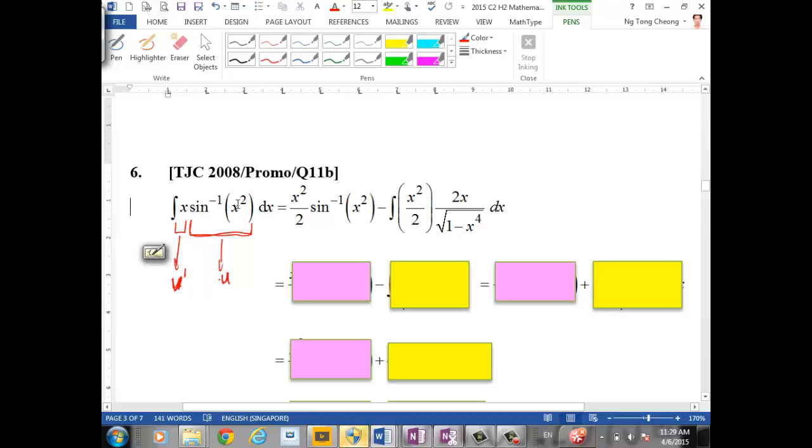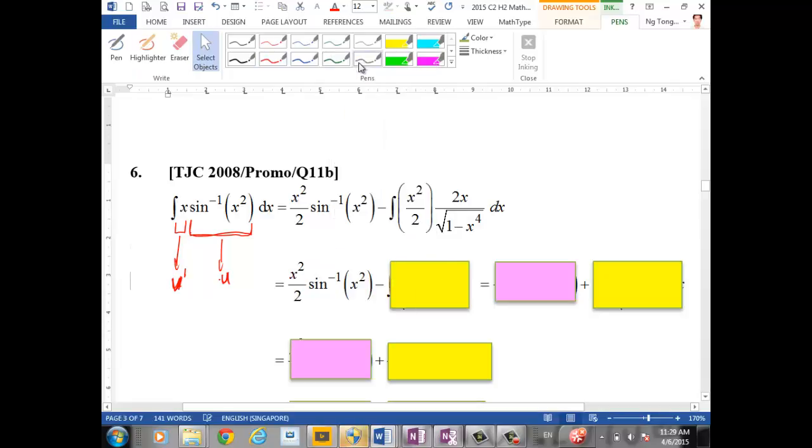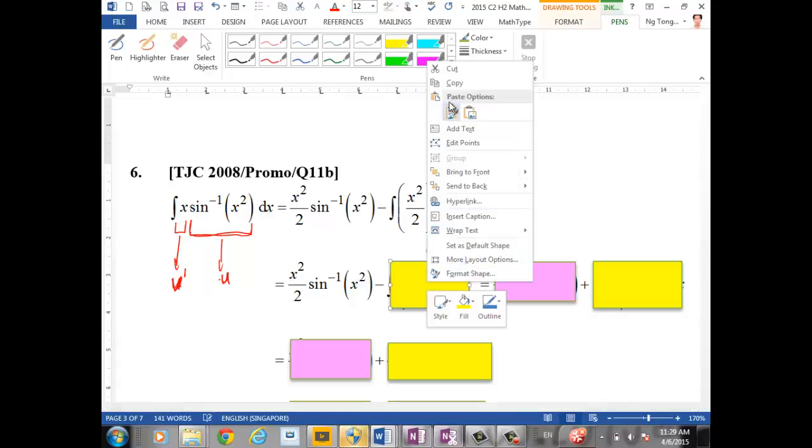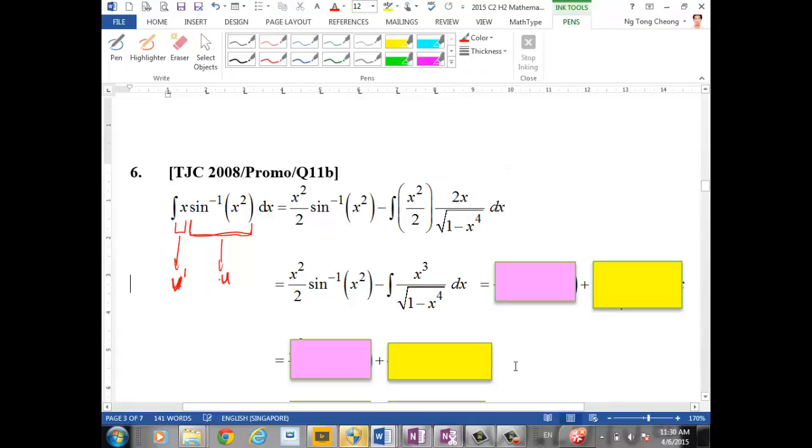After you differentiate the sine inverse term, make sure you also differentiate your x squared. This part is obvious. Simplifying this, you get this.